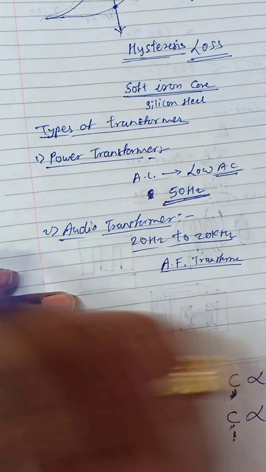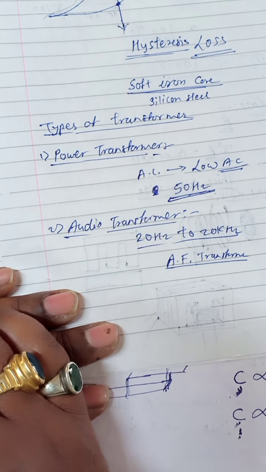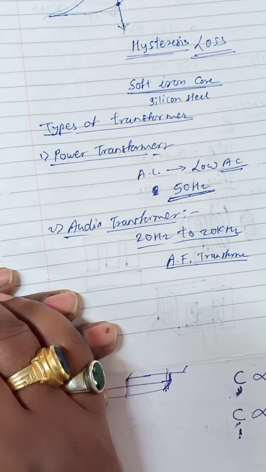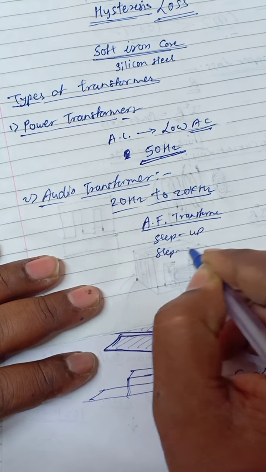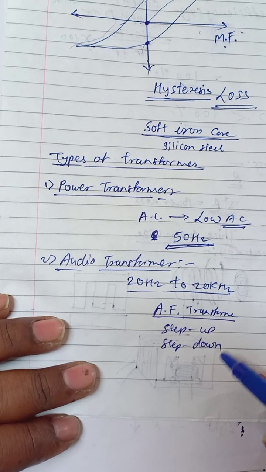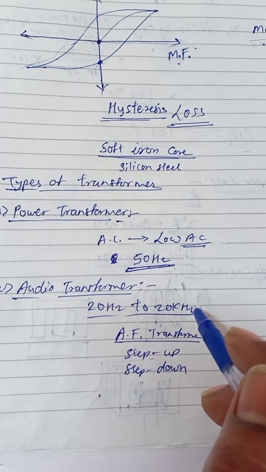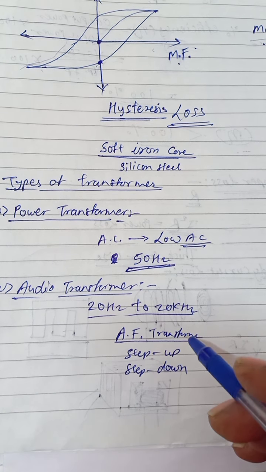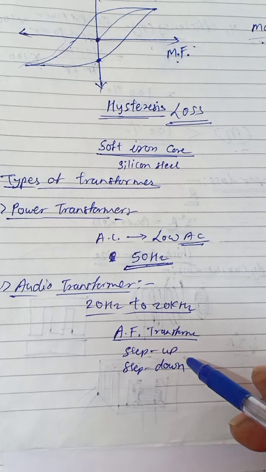Such transformers are used in audio amplifiers for interstage coupling. It may be of both types, step up or step down. So this is the audio transformer, which is used in audio amplifiers, or at the output stage of a power amplifier.